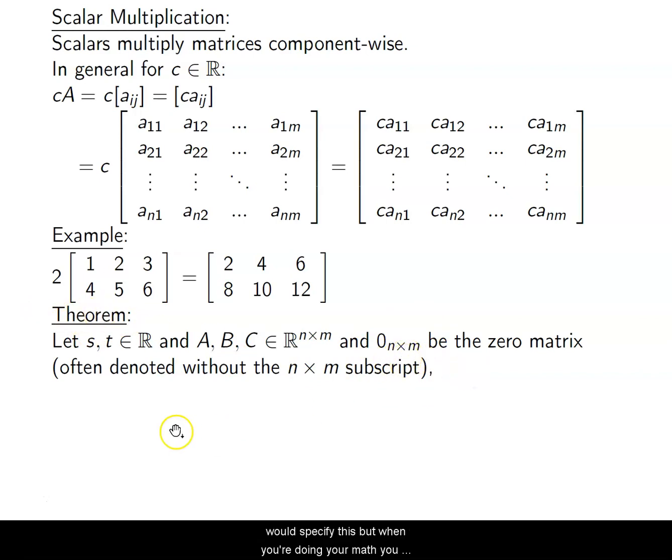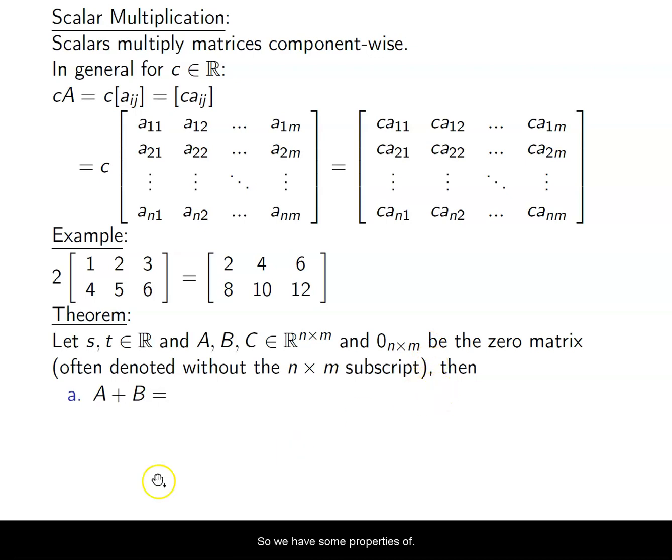You would specify this, but when you're doing your math, you don't have to say, this is the 0, 3 by 2 zero matrix. We don't have to do that. You just say the zero matrix, and then the reader should be able to figure out what the dimensions are, or you'll write the actual zero matrix. Okay, so it's not important to write the subscript here. Only if you're being very, very formulaic.